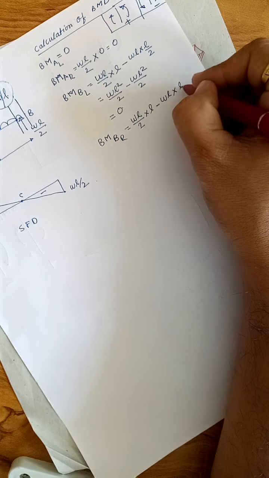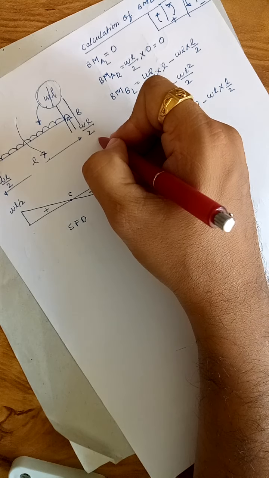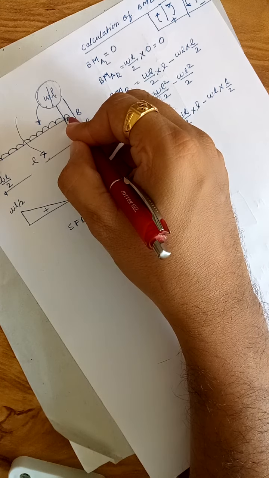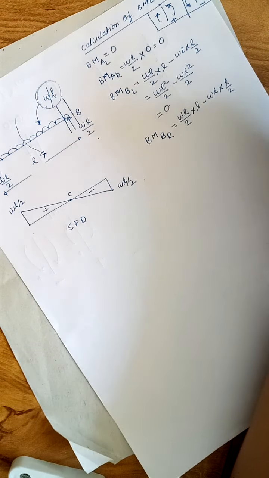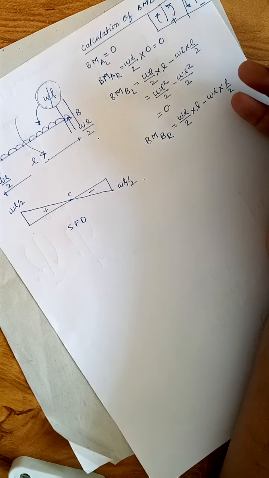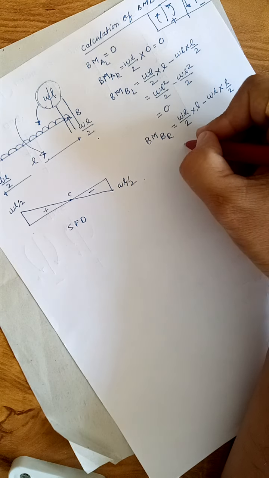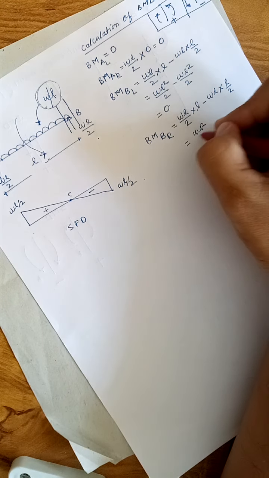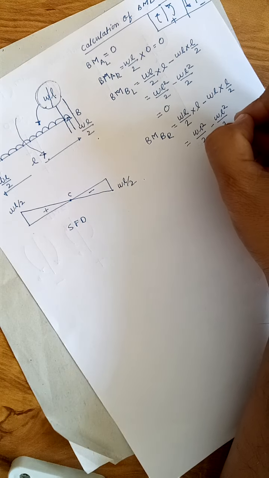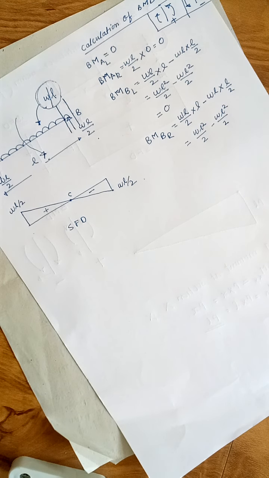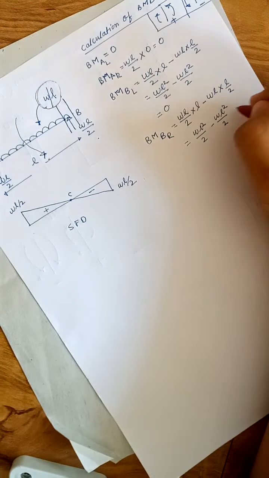And this reaction RB, WL by 2, only passes through this point, so it won't create any moment, so it won't be considered. Or if you consider it, you have to write that it is WL by 2 multiplied by 0, because there is no distance. So WL square by 2 minus WL square by 2, again it will also be 0.